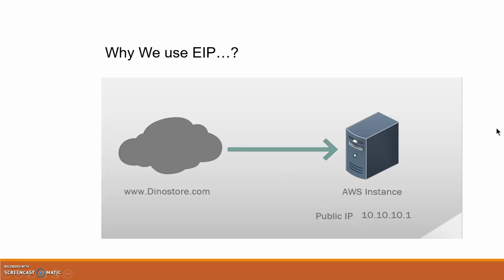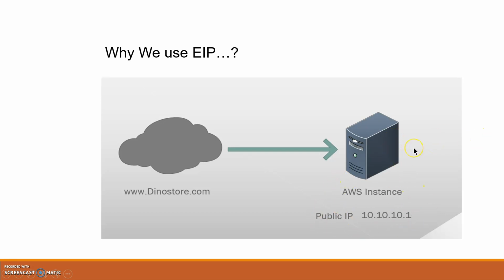Next, here I can show you how elastic IP works. You can see here a cloud where the application is running. My application address is www.dinoster.com, which is for example. And apart from that, here is the server which is created on an AWS EC2 instance with a public IP.